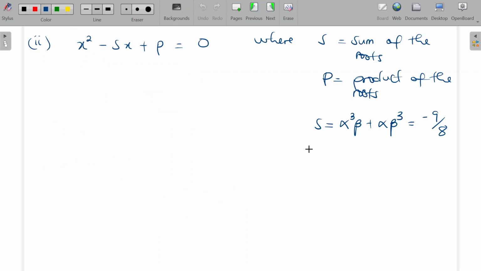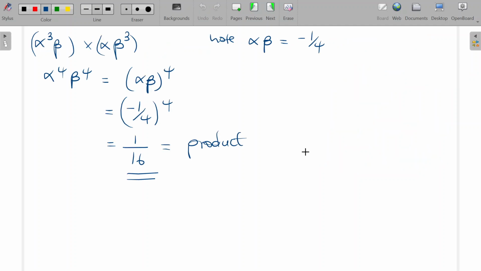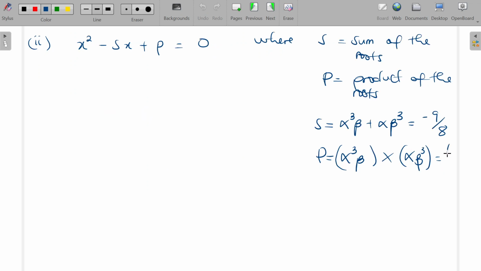So we have our sum there, and then our product, which is alpha to the power 3 beta multiplying with alpha beta to the power 3, like this. We got it to be 1 over 16. Then henceforth, it is going to be x squared minus what is the sum?